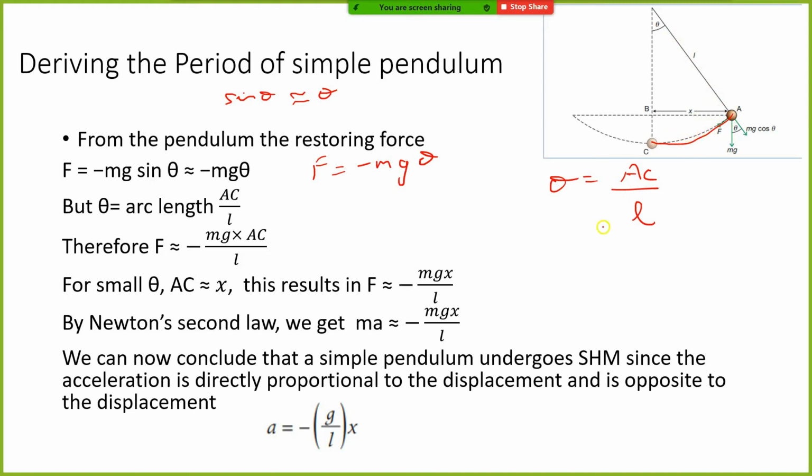Circular motion had something to say that theta is equal to S divided by R, right? So it's really the same thing, where S is this arc right here, and L in this case is going to be R, which is the radius. That's when we're looking at circular motion.